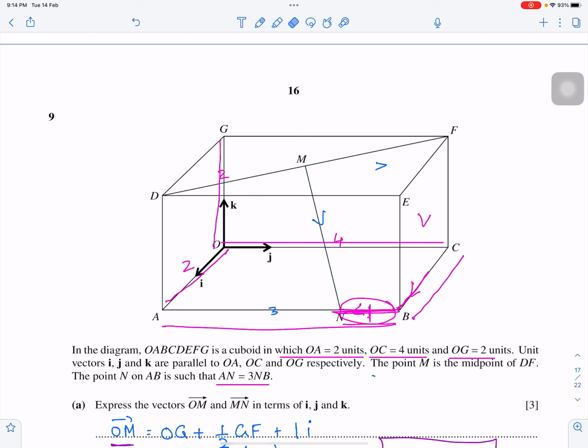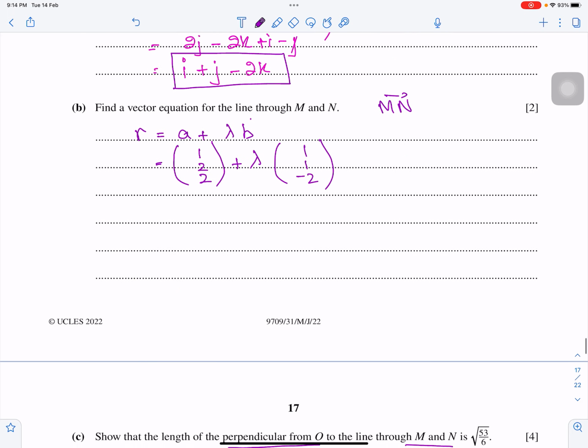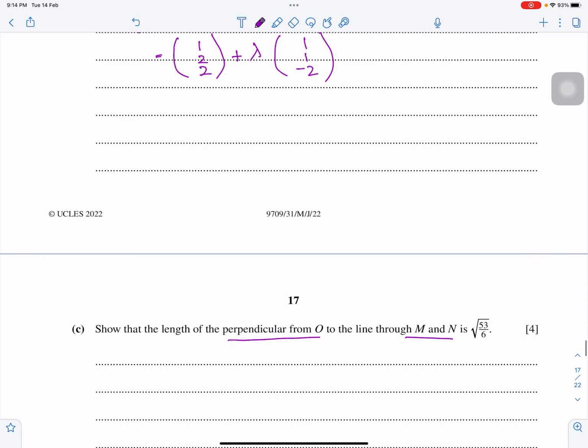Now I have to find this perpendicular distance from O to MN. Let me draw roughly. Suppose this is my line MN and this is O. I have to find this distance.